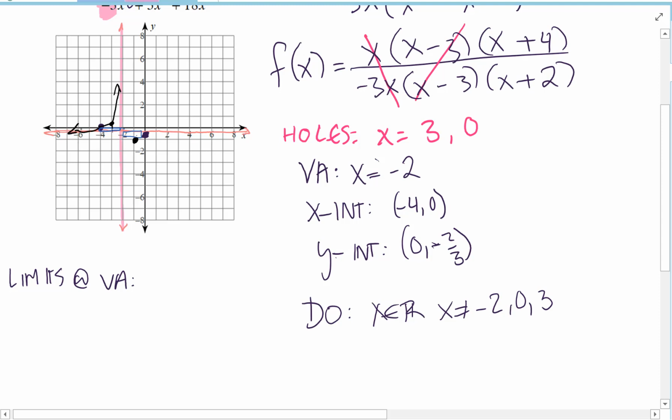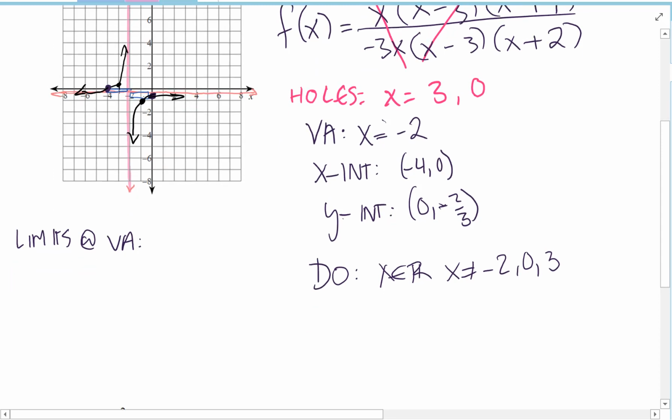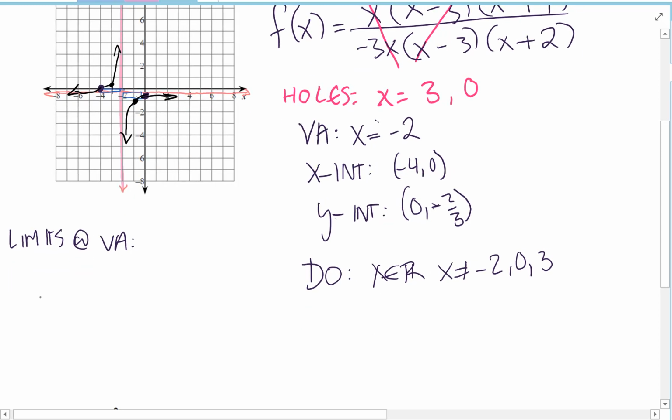And then our asymptotes really help guide us for the end behavior. Limits at our vertical asymptote, so the limit of f of x as x approaches -2 from the left, it's going upward into +infinity.